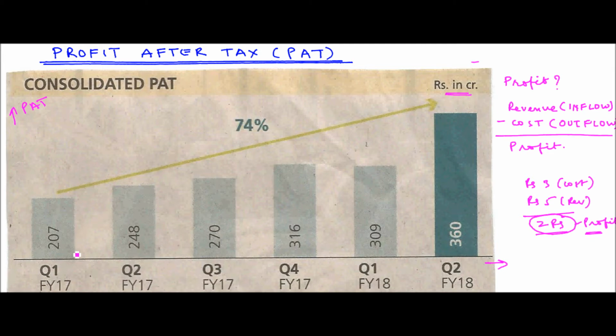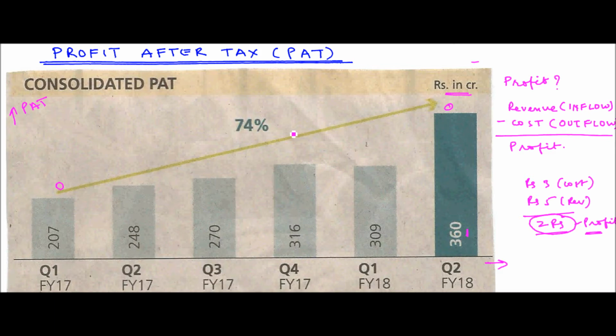So the graph is saying that in Q1 of FY17 the profit was 207 crore rupees, and gradually it has increased, and in the current quarter, that is Q2 FY18, it currently is 360 crore rupees. So if you compare the Q2 FY18 versus Q1 FY17, it is a 74% increase in profit after tax.